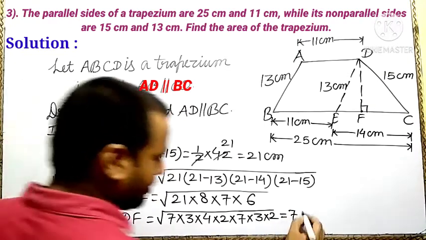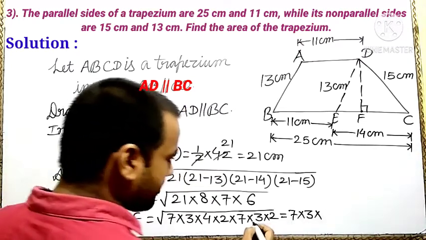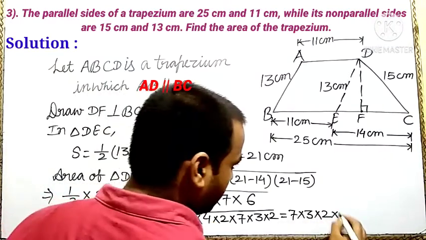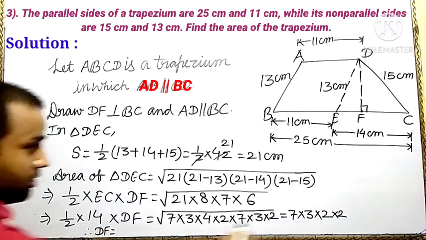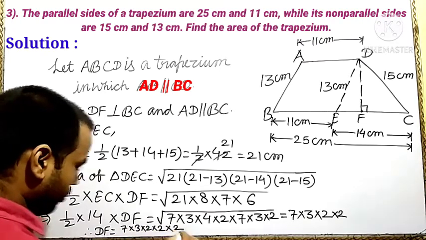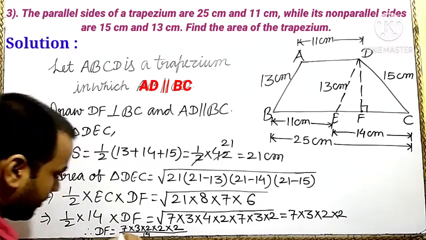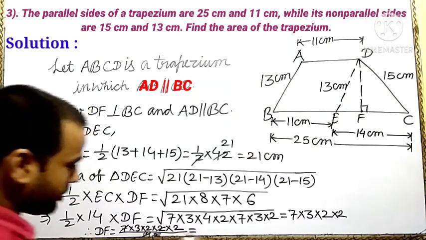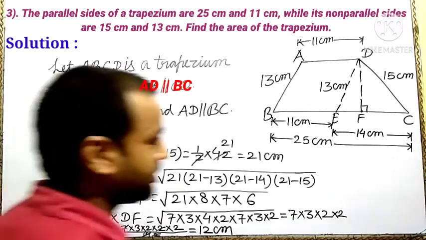Here 3 is double, so one 3 comes out. Here 2 is also repeated 2 times in the square root. Find here square root of 4 is 2. Also square root of 4 is 2. So therefore DF is equal to 7 into 3 into 2 into 2 into 2, multiply, upon 14. So 7 2s are 14, 2 2 cancel out. 3 2s are 6, 6 2s are 12 centimeter. Here we find height 12 centimeter.